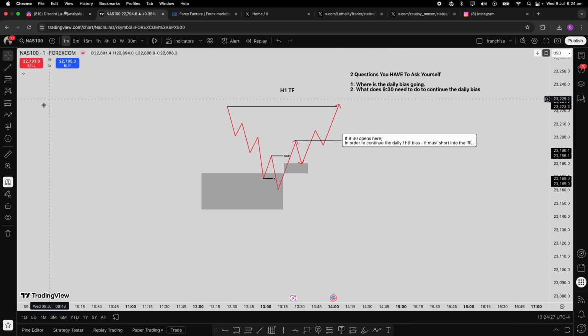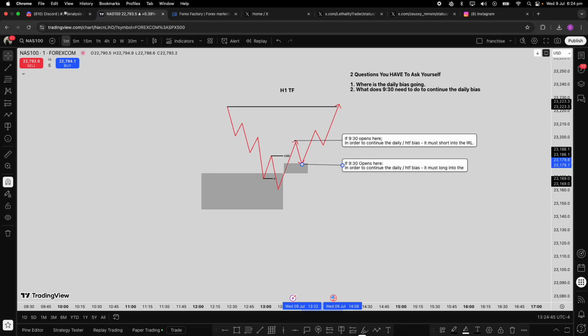And then the same for if we open up here, if 9:30 opens here, in order to continue the daily higher time frame bias, it must long into the ERL.